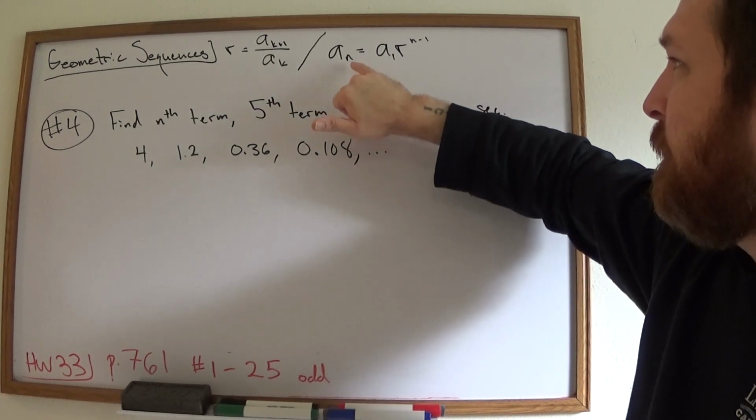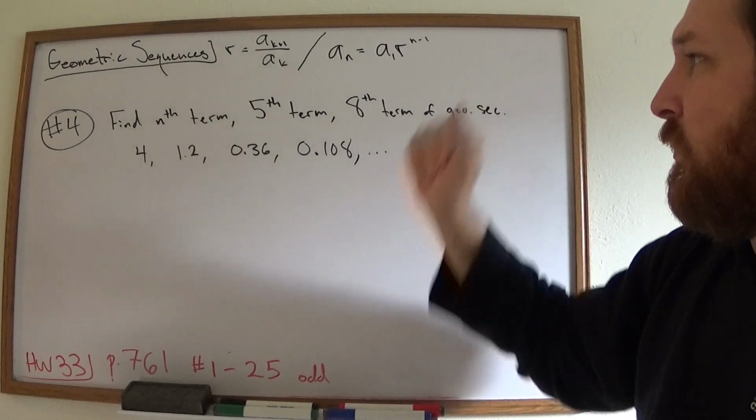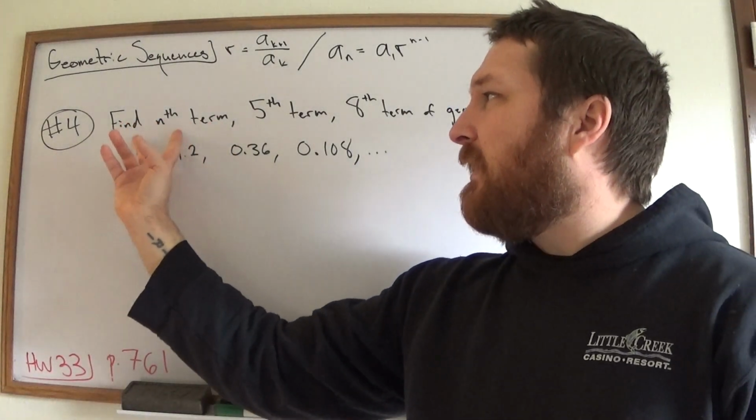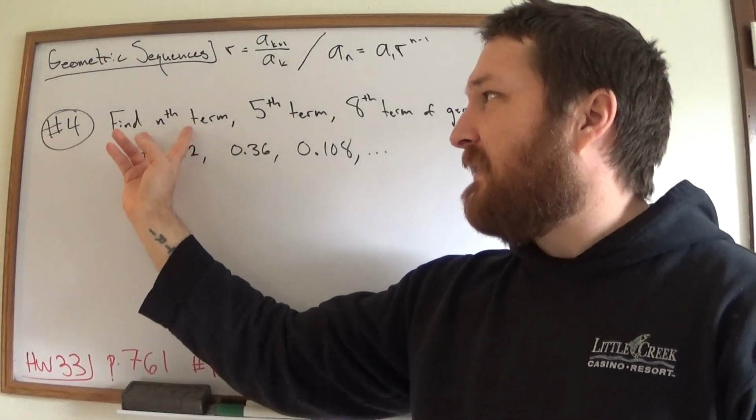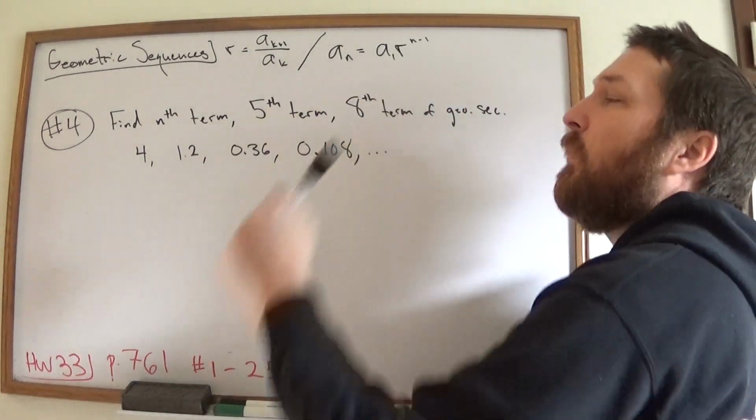You want the 8th term, that would be a1 times r to the 7th, and so forth. So really, all we're going to do here is just find the nth term. In order to do that, we need to know what r is.